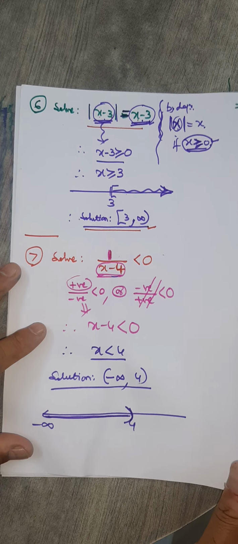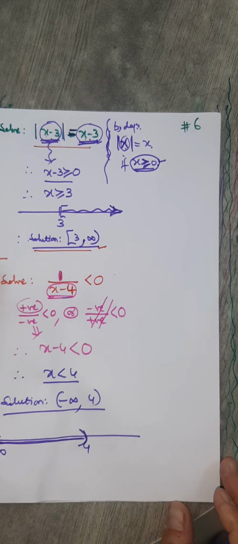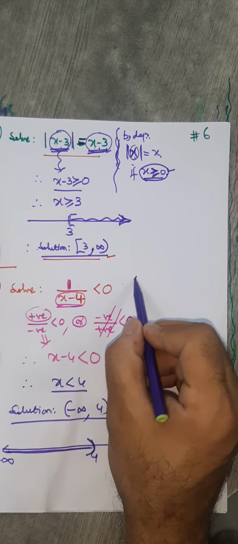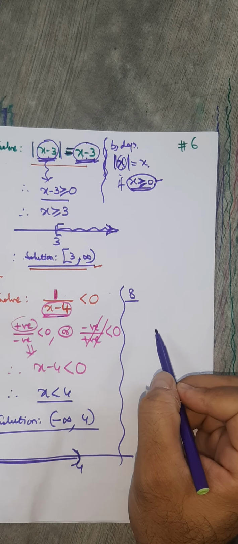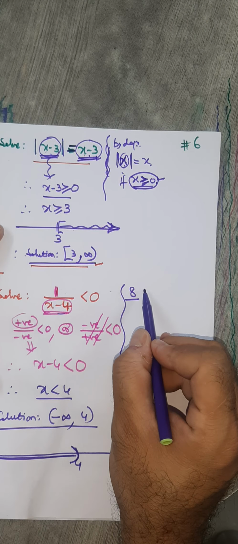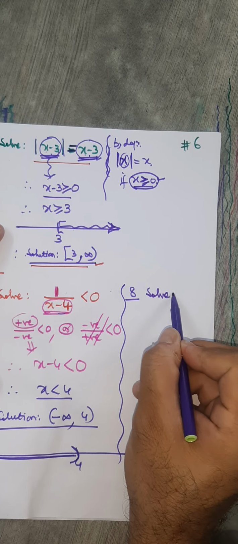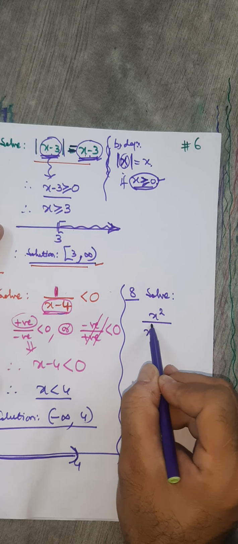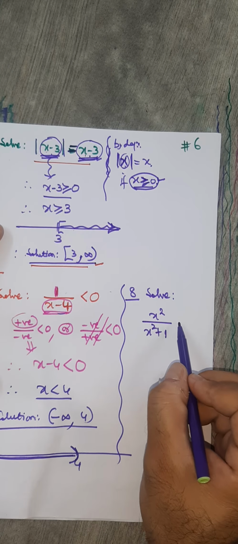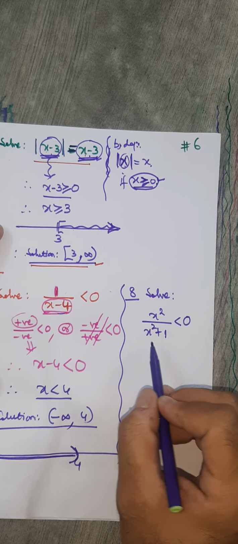Okay. Likewise, if I see question number 8, let me see that. What it says, solve this inequality. Question is same everywhere. Solve x square upon x square plus 1 is less than 0.